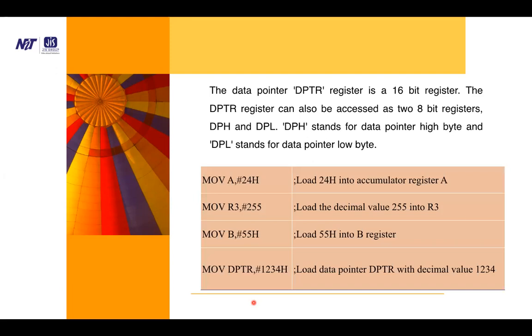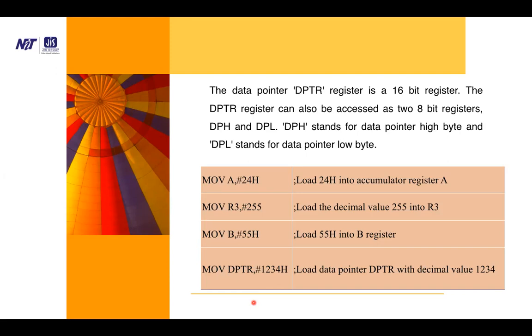The data pointer DPTR register is a 16-bit register. The DPTR register can also be accessed as two 8-bit registers, DPH and DPL. DPH stands for data pointer high byte and DPL stands for data pointer low byte.